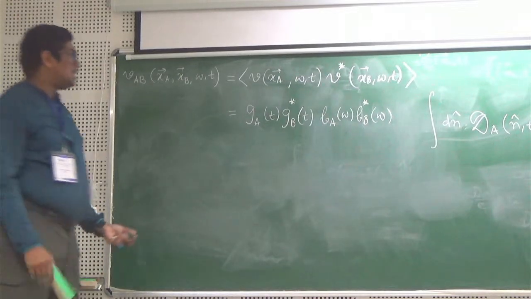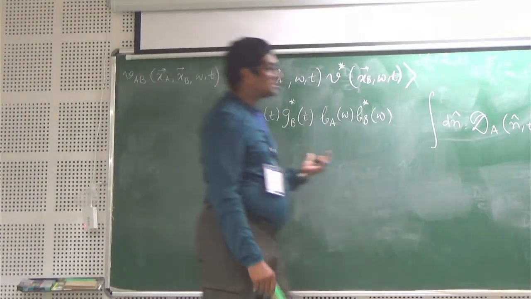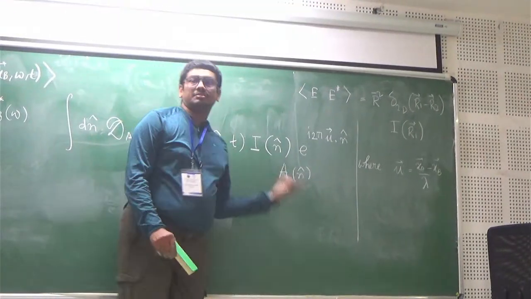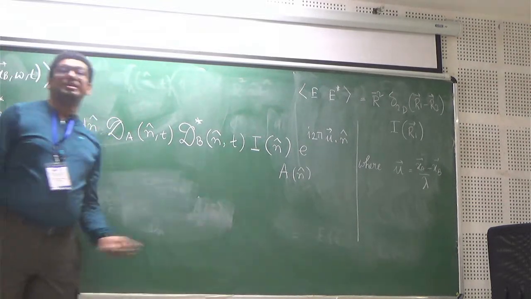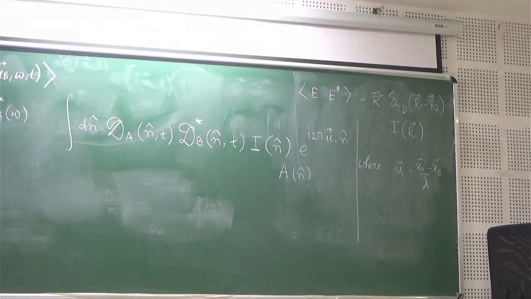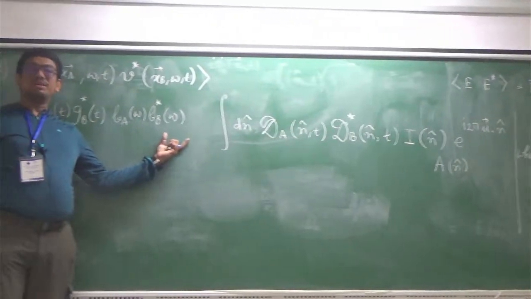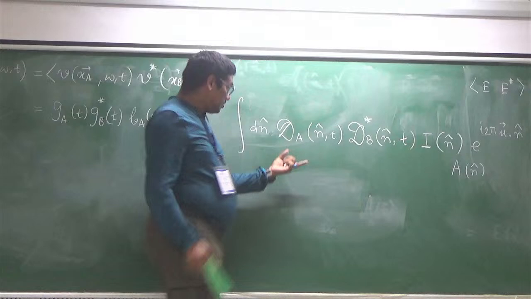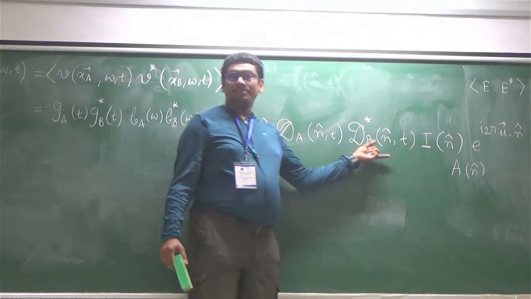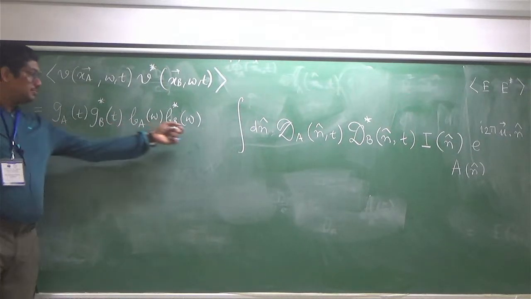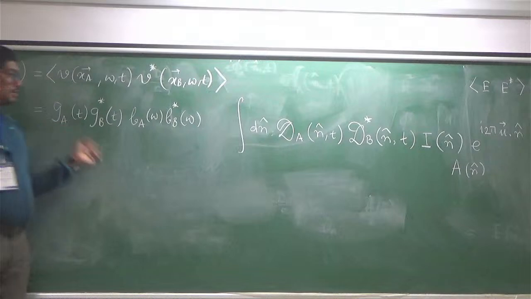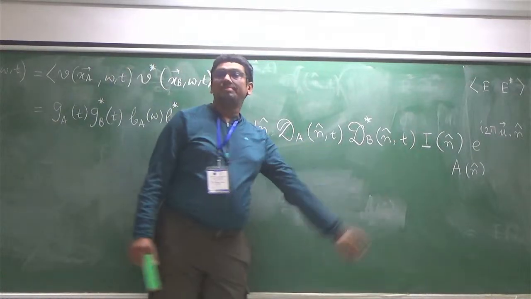For primary calibration, you observe some source for which you already know the intensity, or you already know the visibility. And you neglect the fact that there are these direction dependent gains. Fortunately, the effect of direction dependent gains is smaller compared to the effect of these gains. What one can do is, you can do things iteratively. You assume that these things are 1 and try to find out what the gains are. And once you are confident enough about these, you can go back and try to find out the direction dependent gains.